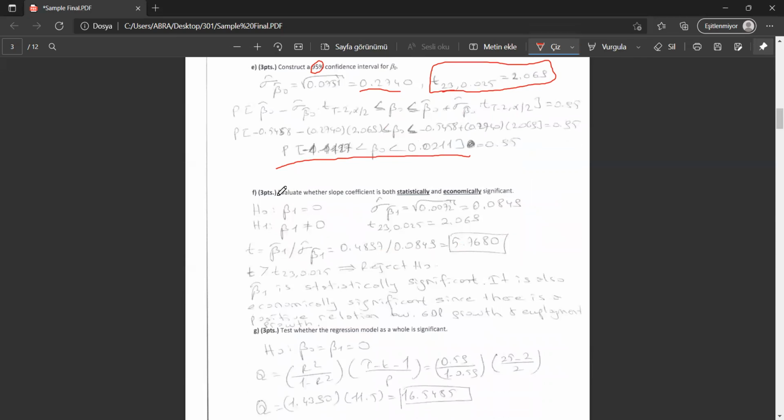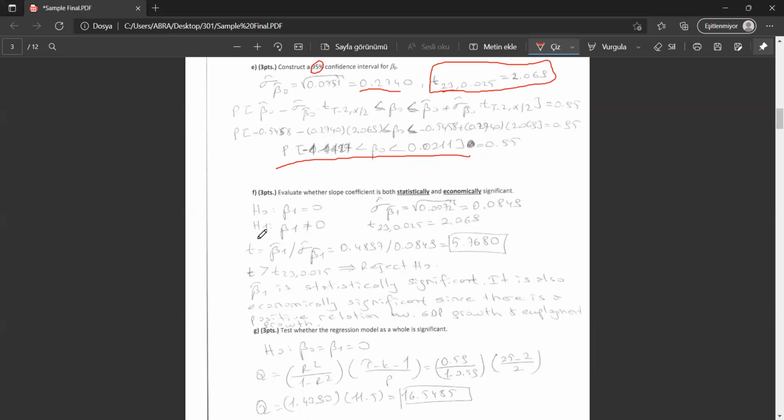In part F, we have a t-test, testing whether the slope coefficient is statistically significant or not. I will come to the economically significant part later. First, we are writing our null hypothesis, which is H0: beta 1 is equal to 0. It means beta 1 means nothing.